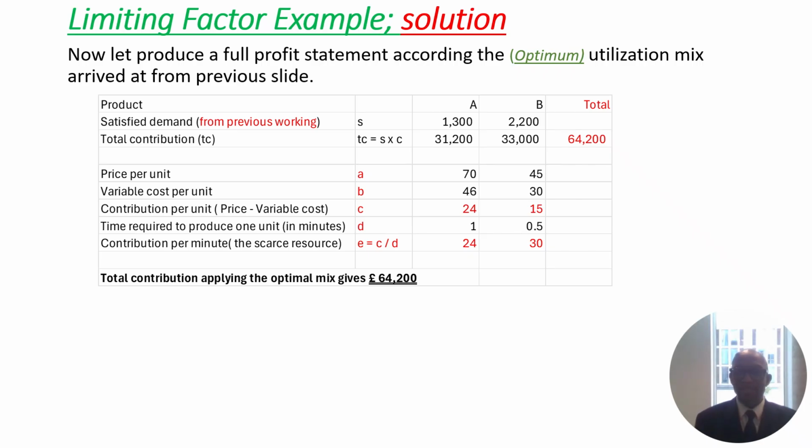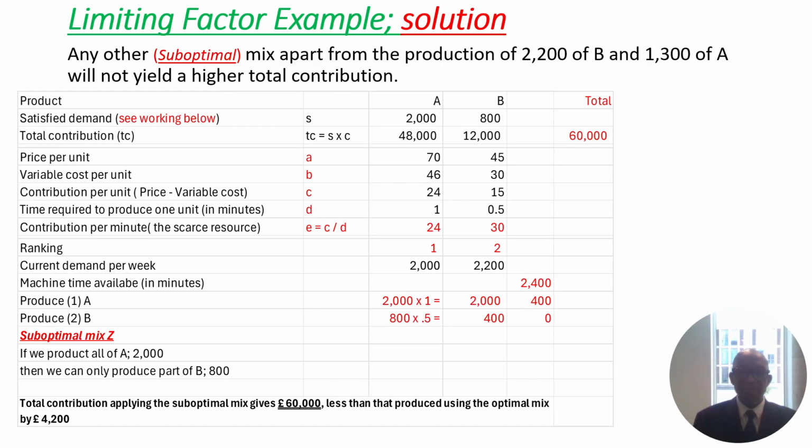Any other mix of production plan will yield a suboptimal total contribution. Let's try that in the next slide. Assuming we now decide to produce A first, then B second, we can see how our machine A time will be utilized.